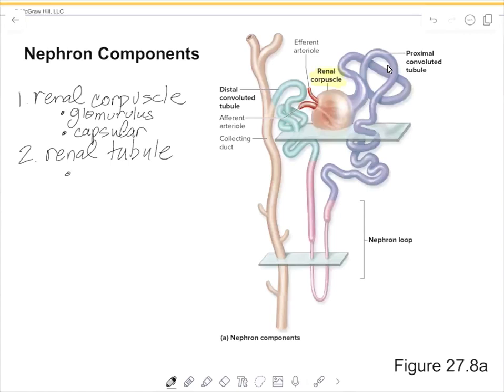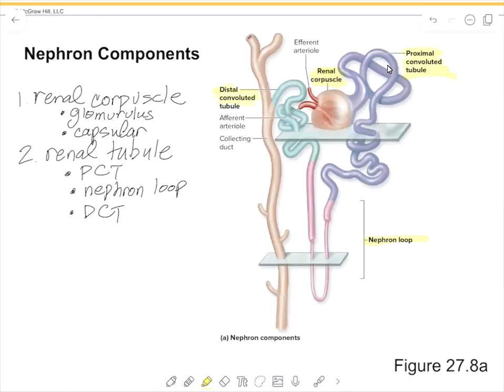The renal tubule begins with the PCT, the nephron loop, and then finally the DCT. So we can see the proximal convoluted tubule shown first, the nephron loop, and the distal convoluted tubule.